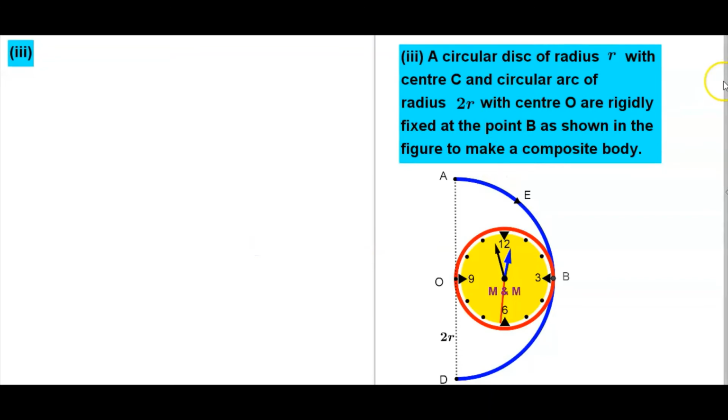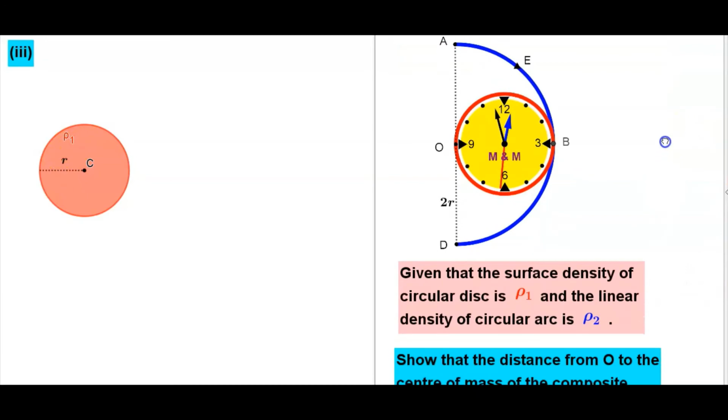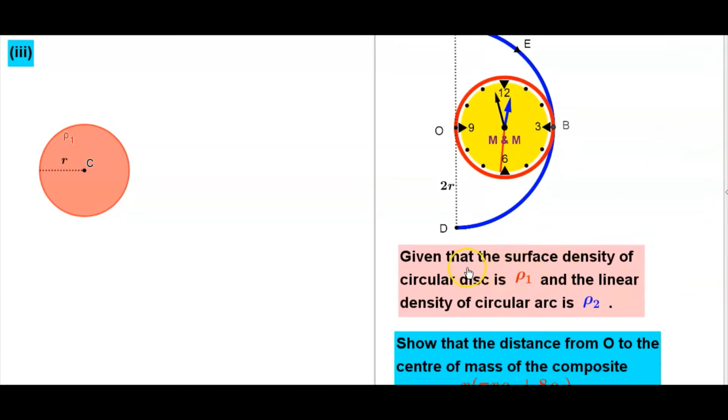The circular disc of radius R with center C and circular arc of radius 2R with center O are rigidly fixed at the point B as shown in the figure to make a composite body. Circular disc, radius R, surface density ρ1, because we are given the surface density of the circular disc is ρ1.